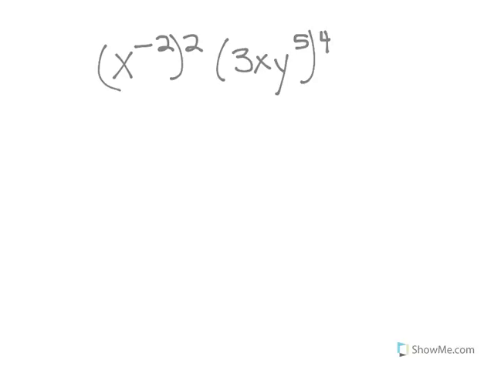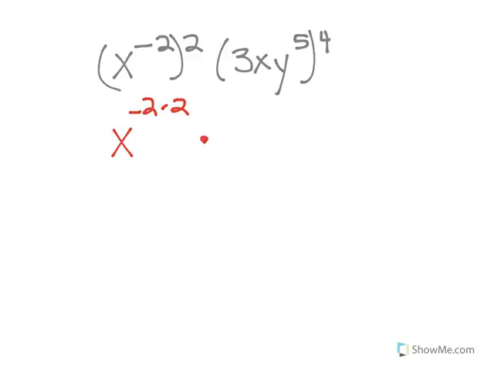Another example: we have x to the negative 2 raised to the second power, multiplied times 3xy to the fifth, that entire product raised to the fourth power. So our first factor, a power raised to a power, is x to the negative 2 times 2.